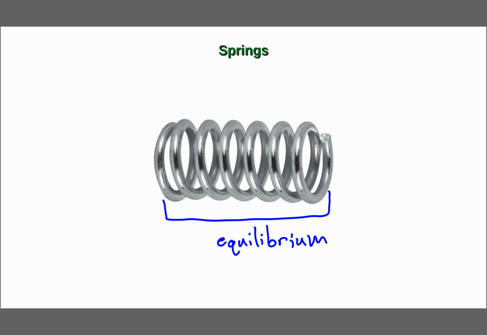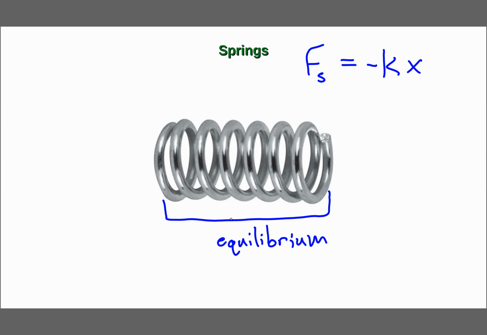As it turns out, when we deform a spring away from its equilibrium point, the force that it produces, the force of the spring, is proportional to how much we deform it. So we have some factor here, and then we have the distance that we deform it. The force that the spring applies is proportional to the distance that we have deformed it.